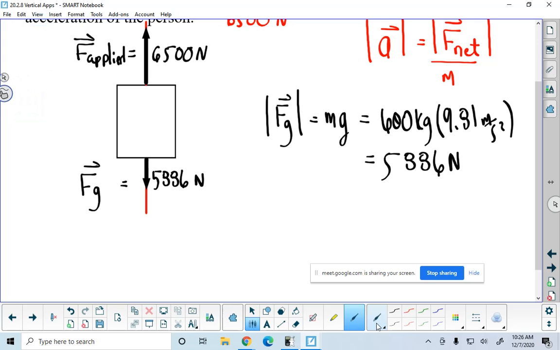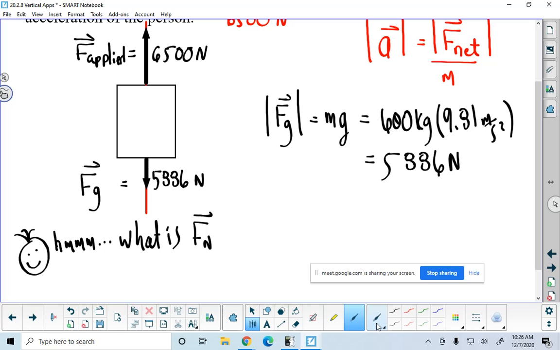So the net force, and this is going to be the thing that is going to be most challenging for some of you, is to just slow down and say that anytime you want to use this formula that's in red on your screen, you have to look at this free body diagram and say to yourself, what is F net?